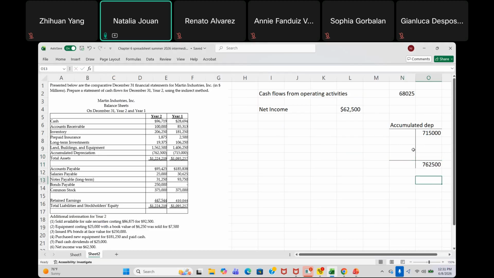We have a change, which means that we increased accumulated depreciation, so there was a depreciation expense. However, we're selling equipment that cost 25,000 and has a book value of 6,250.